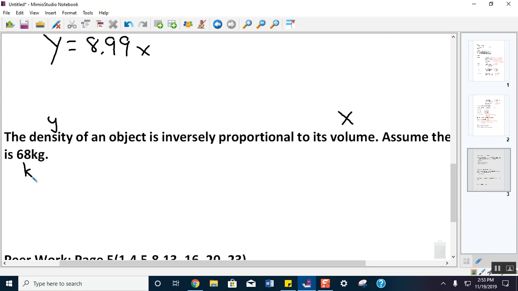How do you write a function that represents this situation if the density is inversely proportional to the volume? What would you write? Say it louder. Yep. Okay, and you guys have talked about density is equal to mass over volume in science at some point, haven't you? y is equal to 68 over x.